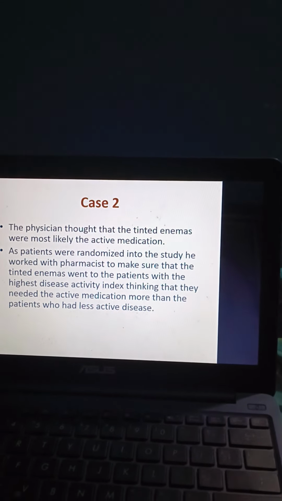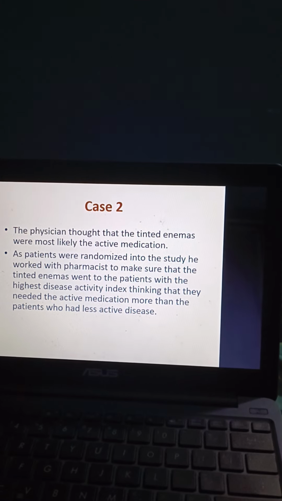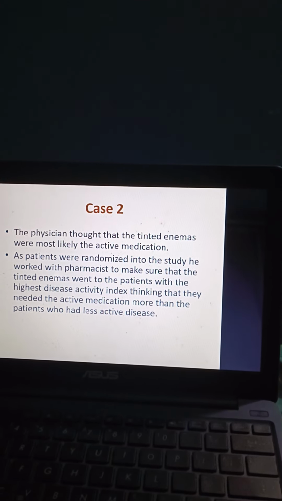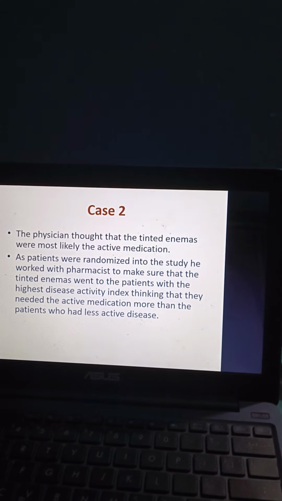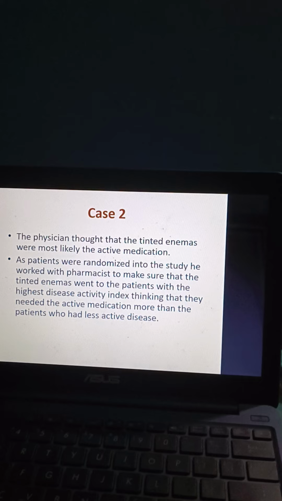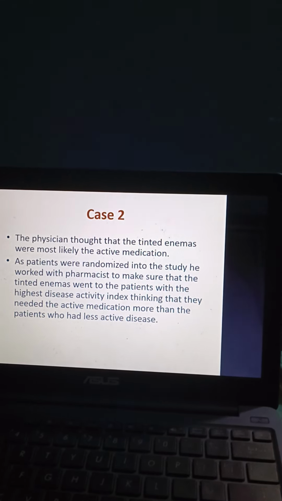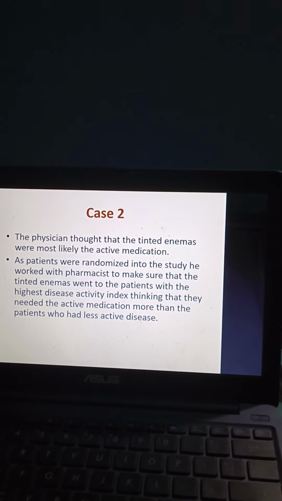The physician thought that the tinted enemas were most likely the active medication. As patients were randomized into the study, he worked with pharmacists to make sure that the tinted enemas went to the patients with the highest disease activity index, thinking that they needed the active medication more than the patients who had less active disease.